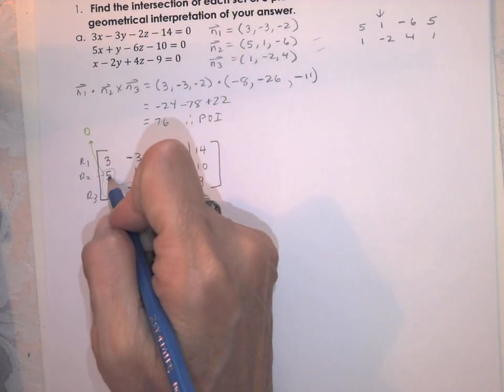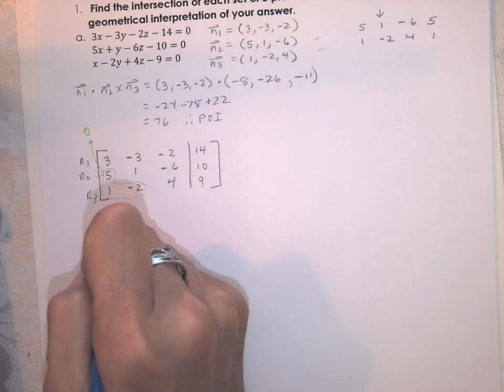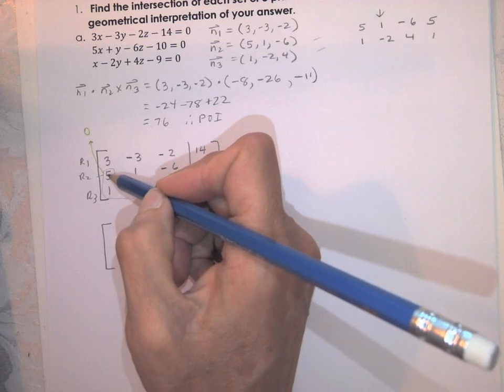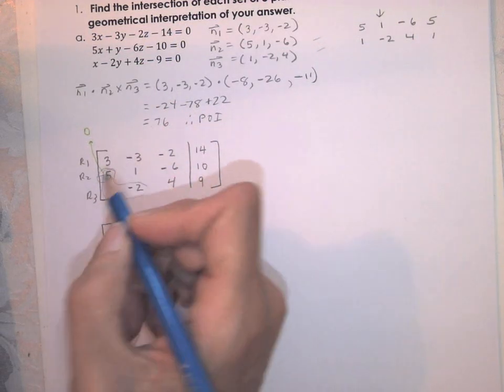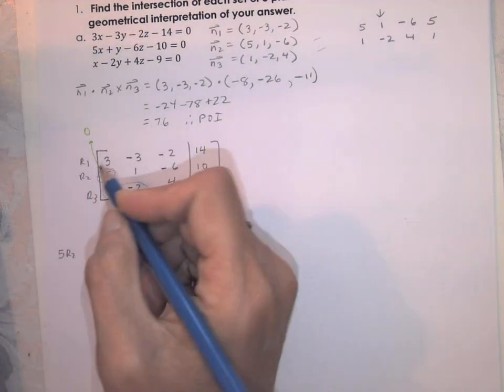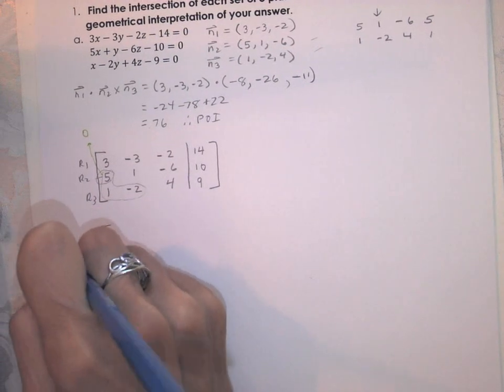And we know when we're trying to get zeros, it's always adding or subtracting multiples of rows. So what I see, because I've got a 5 here and a 1 here, I can replace this row with 5 row 2s. I always start with the row I'm going to change and subtract, 1 row 2.